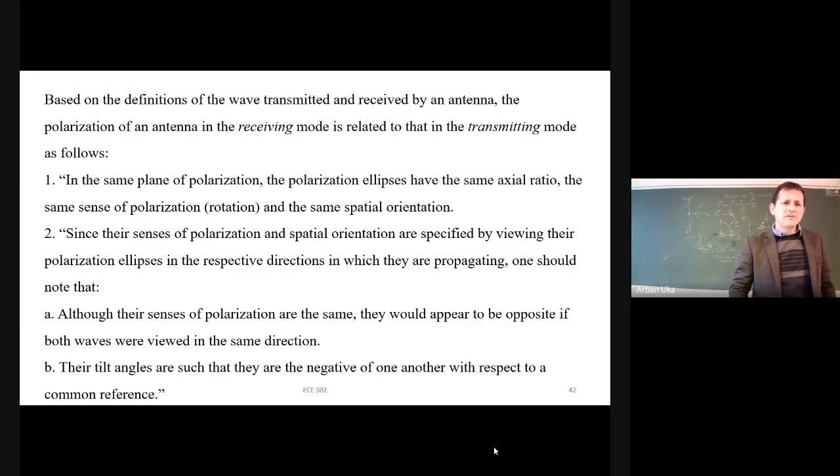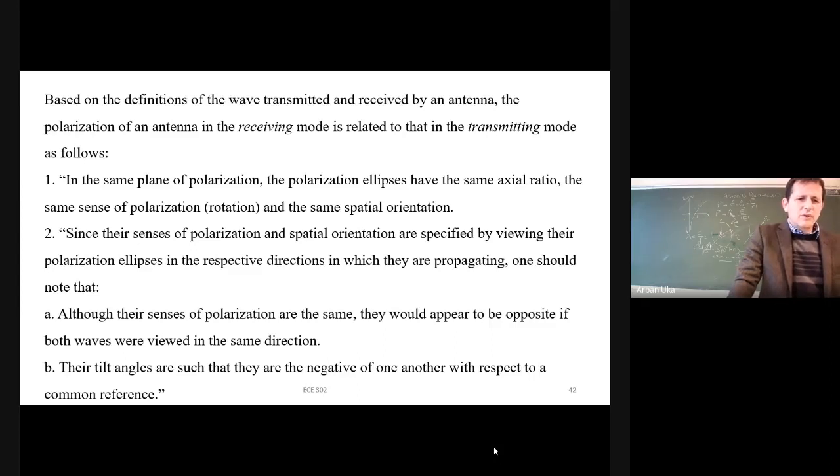Now, based on the definition of the wave transmitted and received by an antenna, the polarization of an antenna in the receiving mode is related somehow to the polarization in the transmitting mode. Okay, so in the same plane of polarization, the polarization ellipses have the same axial ratio, the same sense of polarization, and the same spatial orientation.